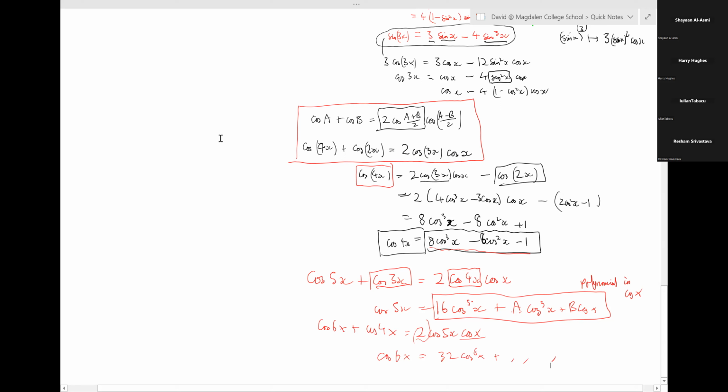So cosine of a multiple angle can always be written as a polynomial in cos x. And those are very heavily studied polynomials, and they were first studied by a mathematician called Chebyshev. So they're called the Chebyshev polynomials, and they crop up a lot in physics.